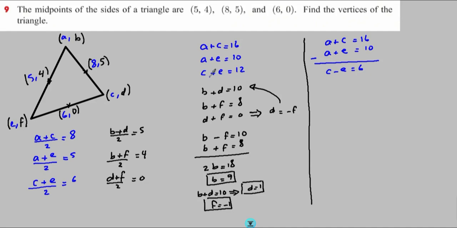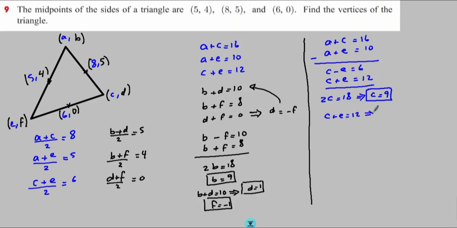Now we have a new equation, C minus E equals 6. We take it and solve it with this equation, which is C plus E equals 12. Now when we add those two equations, the E's cancel and we end up with 2C equals 18, giving C equals 9. But consider this equation, for example. C plus E equals 12, but C is 9.